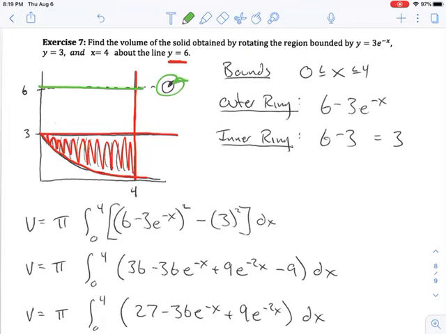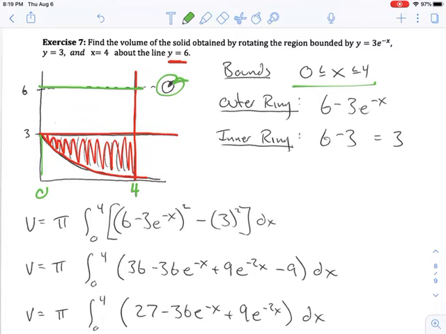So, first thing we do is find the bounds. Well, the bounds are from 0 to 4. This is 0 and 4. That's pretty straightforward. The outer ring. Now, remember, the outer ring represents the radius.